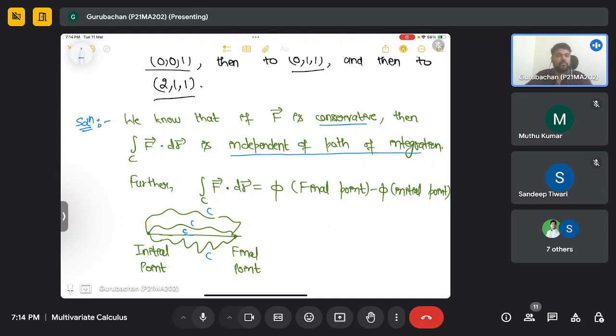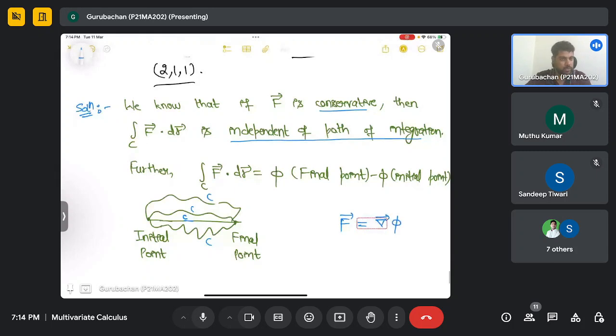Conservative means F will be a gradient, F will be nothing but del phi. To check whether it is conservative or not, you have to calculate curl of F, and it should be a zero vector, which we did in the earlier question. So our primary task whenever we see a line integral is to check whether the vector field is conservative.